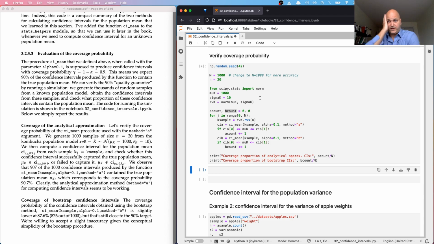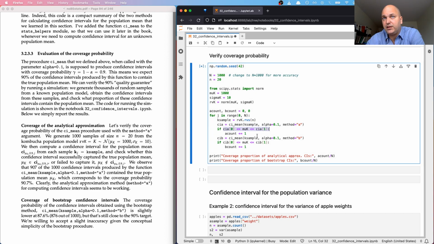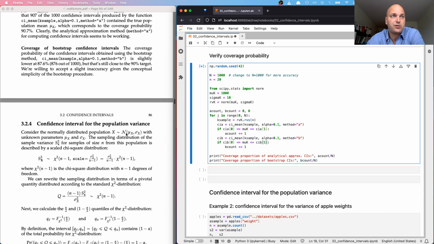If I teach you anything about statistics, it is always verify. There's a bunch of formulas, there are computational procedures, but trust but verify. So now we're doing a real simulation, to see how many of the confidence intervals really capture the mean. I don't know why it's taking so long.